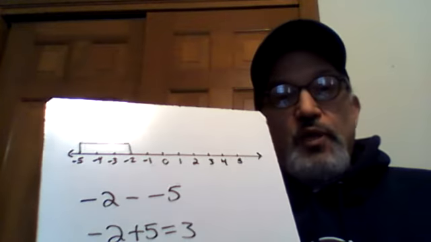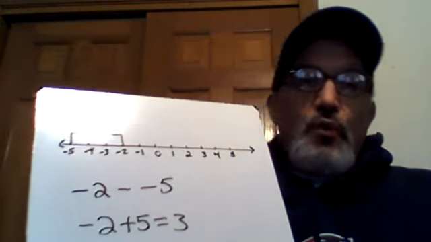The final case that we'd have to consider is, what if you have a positive number and a negative number? So let's say we want to know the distance between 2 and -5. Well, the distance between 2 and -5 is 7 units.